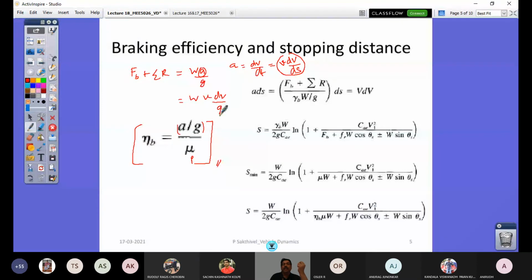So I take this all on the other side. So I have now V dV on one side. On the other side, I will have W by G, and this is going to be an integral on both sides. That's going to be FB plus sigma R into ds, because this ds I take on this side, so you have to integrate this.